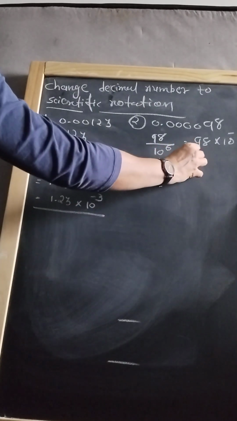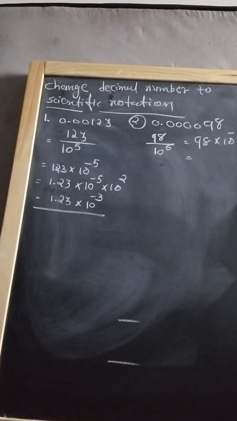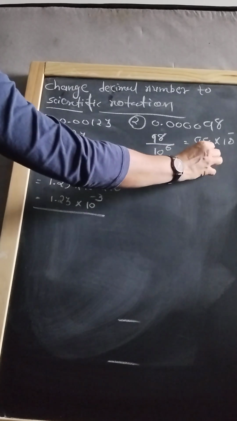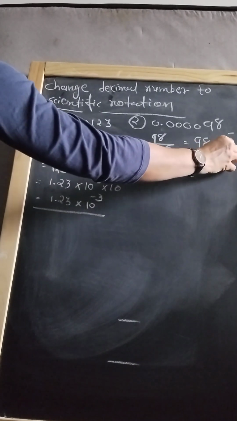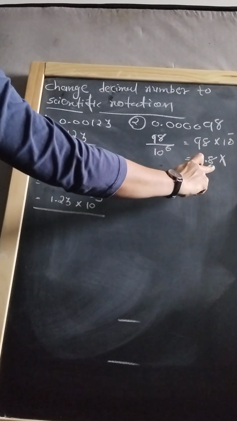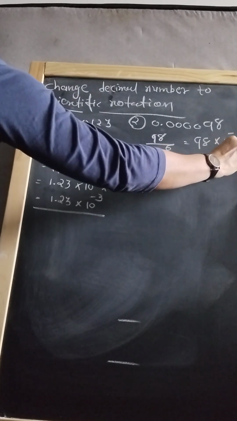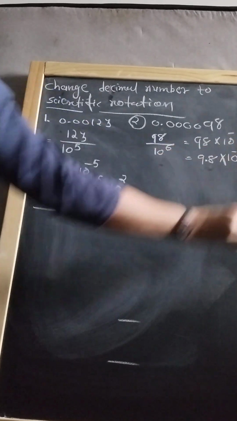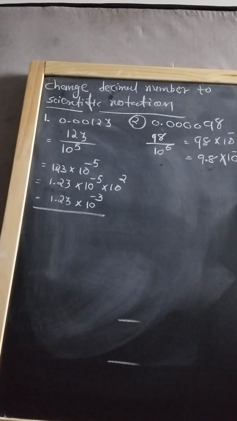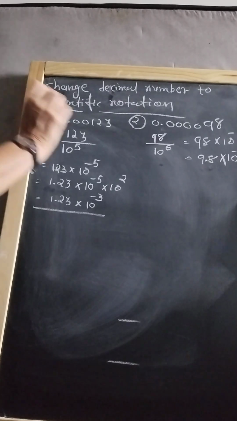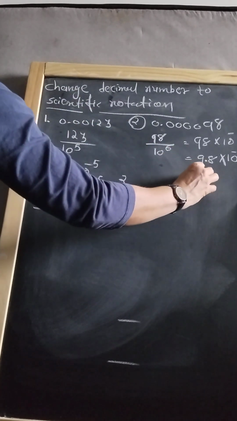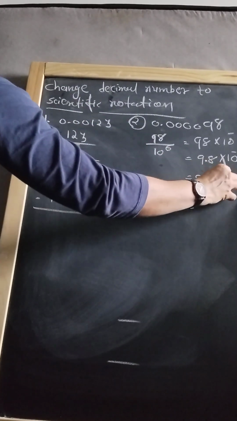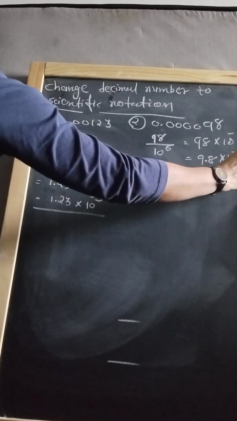But for scientific notation, we have to create a decimal number, so 9.8. After the decimal, 1 digit, so add 1 0. That means 10 to the power of 1. Now again use the product rule of exponents. Negative 6 plus 1, it's negative 5. So 9.8 times 10 to the power of negative 5.